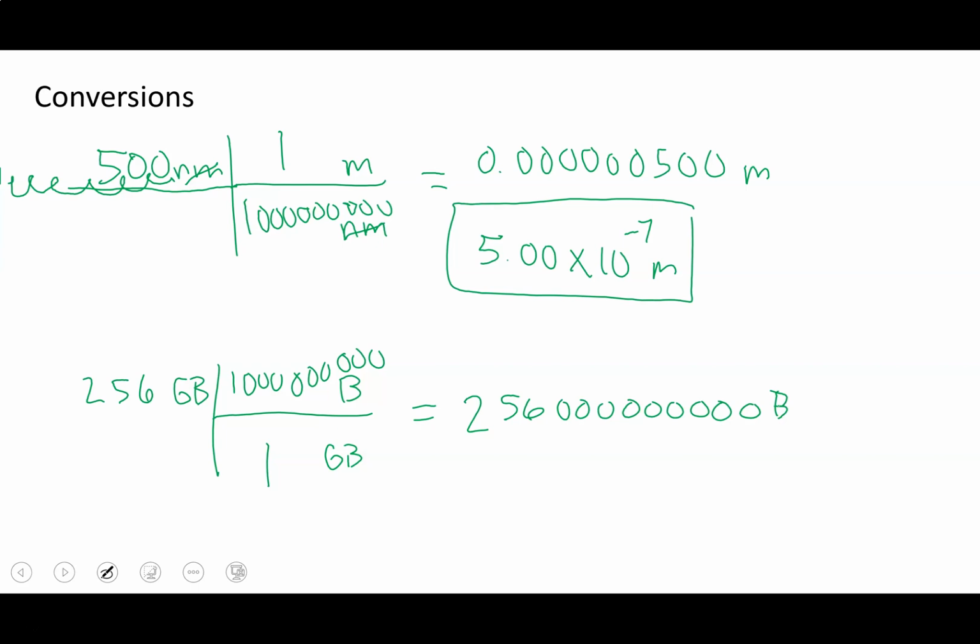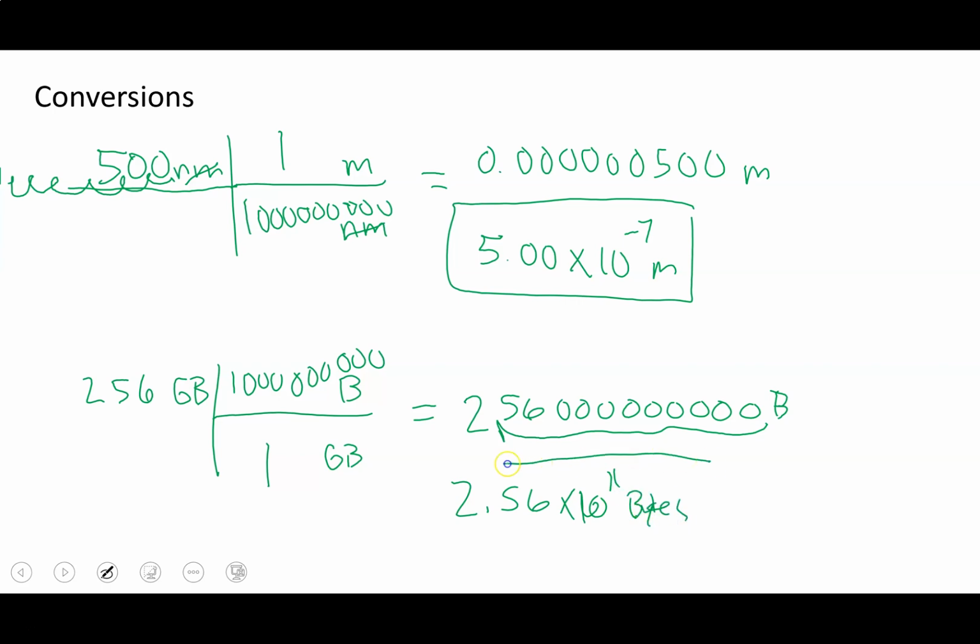Again, not conventionally liking to write that, we use scientific notation. We move our decimal up between the 2 and the 5, so it becomes 2.56 times 10 to the 1, 2, 3, 4, 5, 6, 7, 8, 9, 10, 11 bytes.